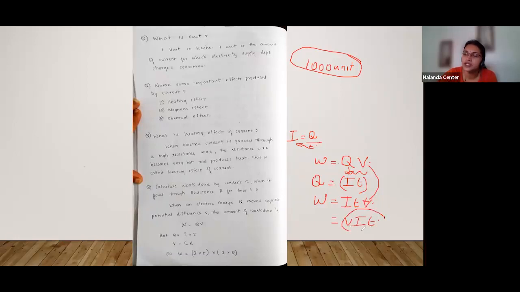You can substitute Ohm's law instead of V. Then it will come to I square RT. Again, if you put V by R instead of I, then you will get V squared by R T. That is how you derive different formulas. Derivation is not that important.